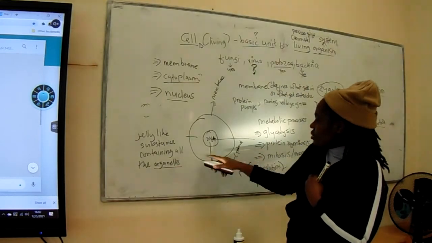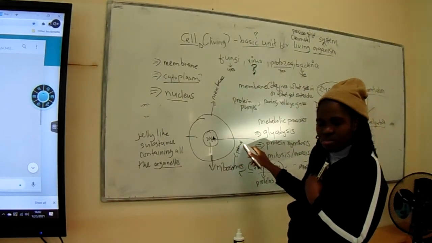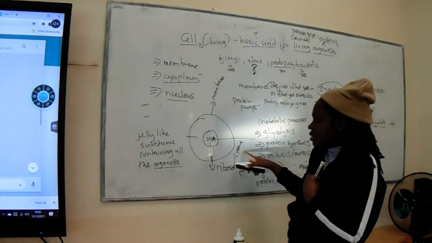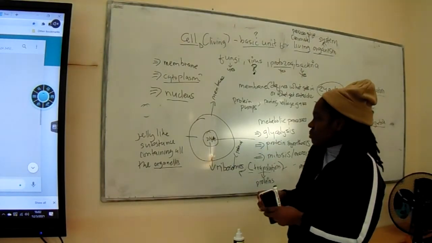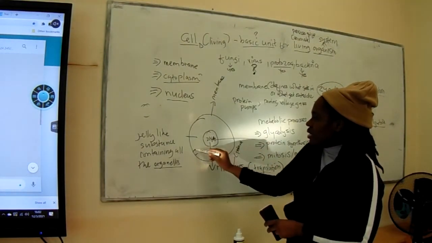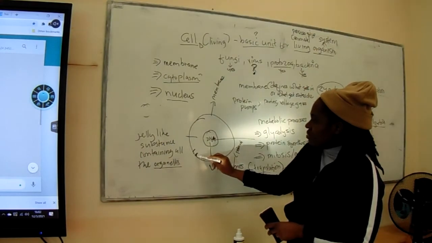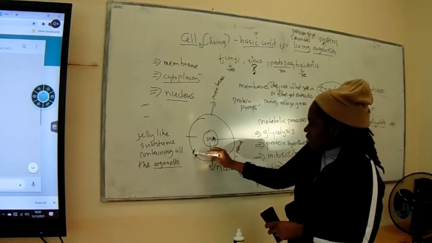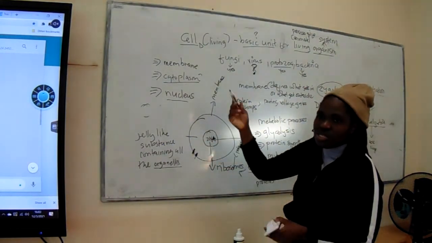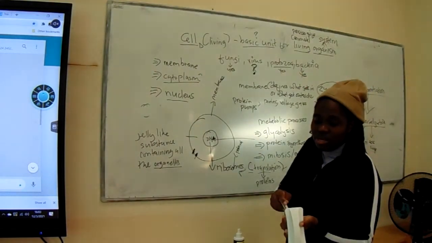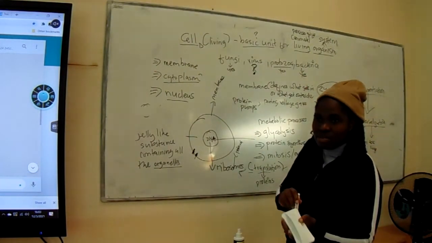Once you are done with the translation, you have your proteins. They are supposed to be expressed on the membrane for whatever reasons, and maybe this membrane disintegrates and a new cell is formed, depending on the metabolic process that is taking place.